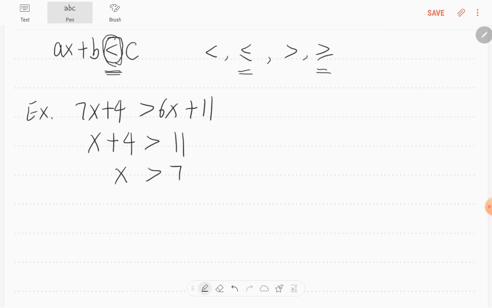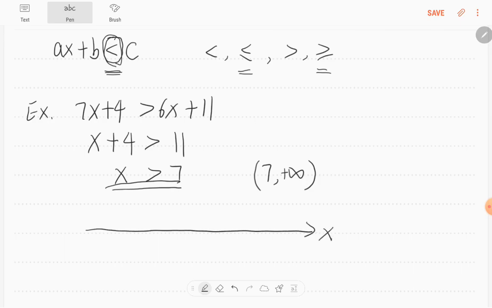So if we want to use the interval notation to represent this result, it's 7 to infinity, positive infinity, but 7 is not included, so we use the parentheses here. If you use the line graph, this is our number line x.